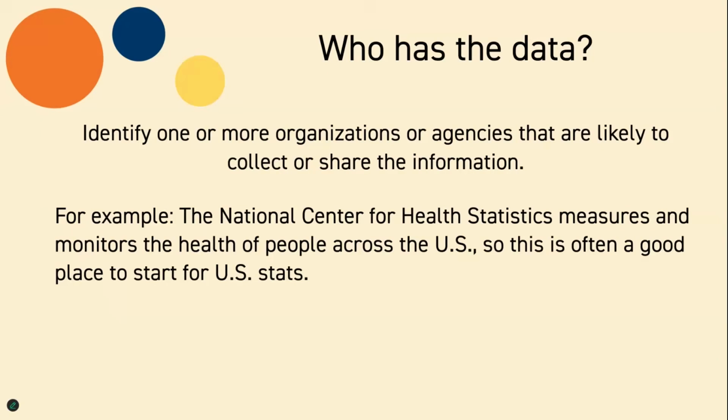Another is the CDC, which has a database that covers the United States as well. And then if you're wanting something more global, you can use the World Health Organization. They also have a database, which I will go into further as an example and let y'all see how you can find data on that.